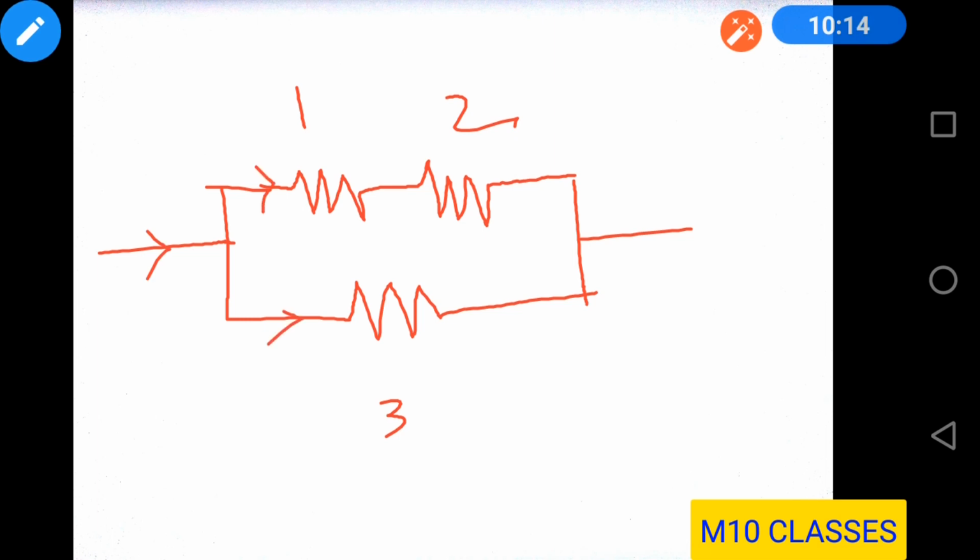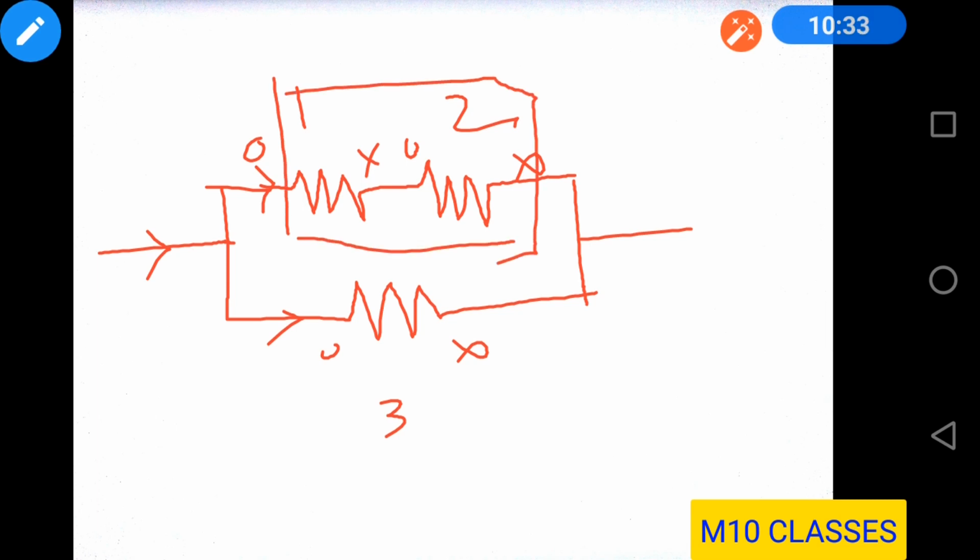For this one, this is head, this is tail, this is head, this is tail, this is head, and this is tail. Now here, resistors 1 and 2 are in the format head tail, head tail, so these two are in series. But here, this is head, this is head, so this is the head end, and this is tail, this is tail, so this is the tail end.